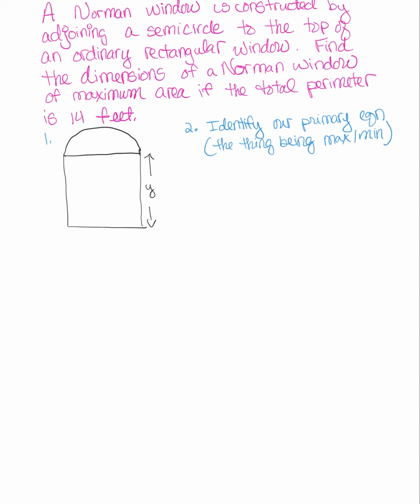All right, so if we look here, it says find the dimensions of a Norman window of maximum area. Okay, so we know that we're doing something with area. Well, normally what we do is just take the area equation for a particular shape, but we don't have just one shape here. We have two shapes. We have a rectangle and a semicircle.